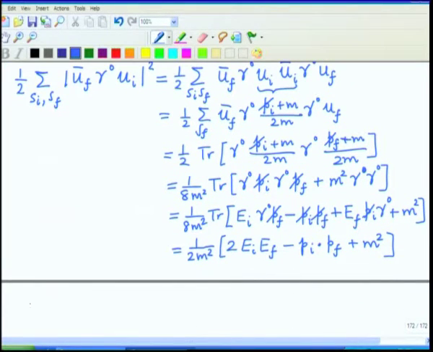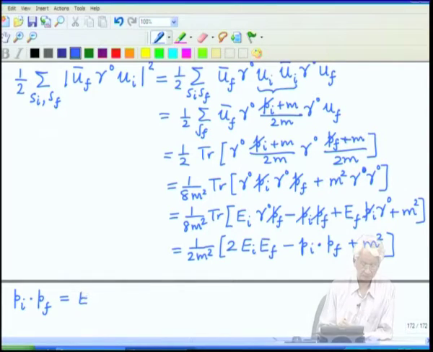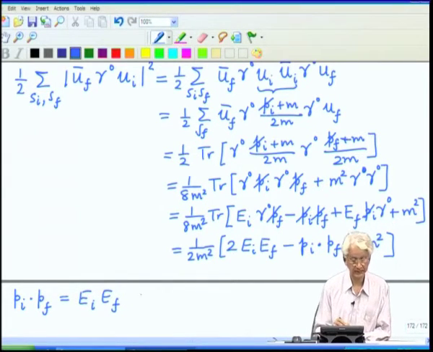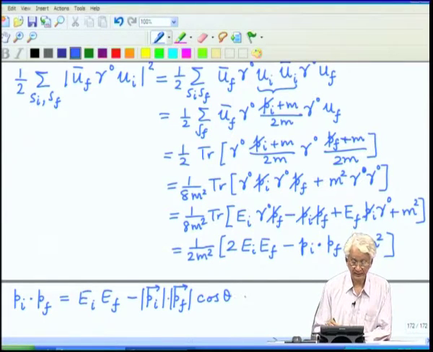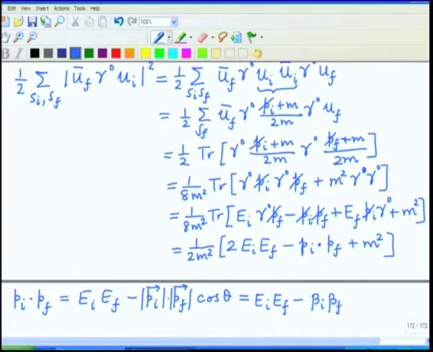And so, let us see, p_i dotted with p_f is E_i E_f, the time component, and the space component gives just the magnitude, minus p_i times p_f times cosine theta, and this can be written as E_i E_f minus beta_i beta_f E_i E_f cosine theta.